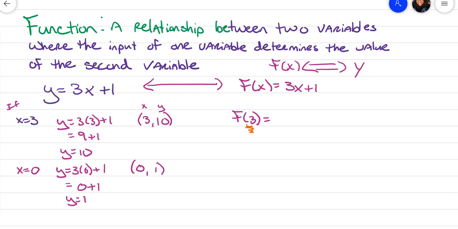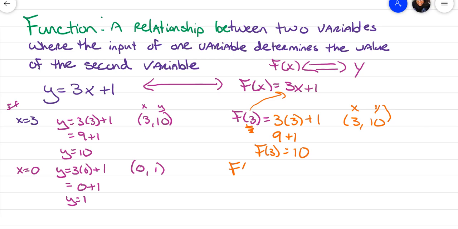So this means the same thing, but based on the notation, it'll be expressed differently. f of 3 means you plug 3 into the equation, and then you would get 9 plus 1. f of 3 is 1, I'm sorry, 10. And again, the same thing for a point: x is 3, y is 10. So that would be the point.